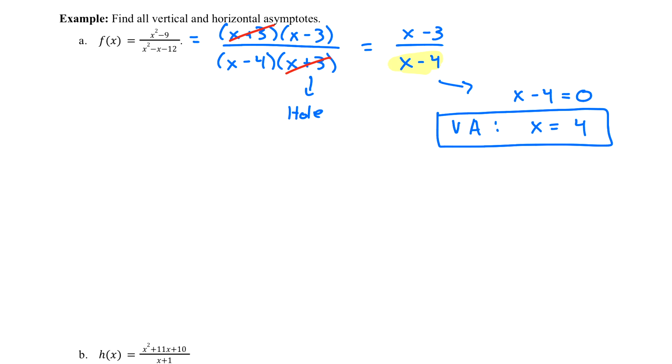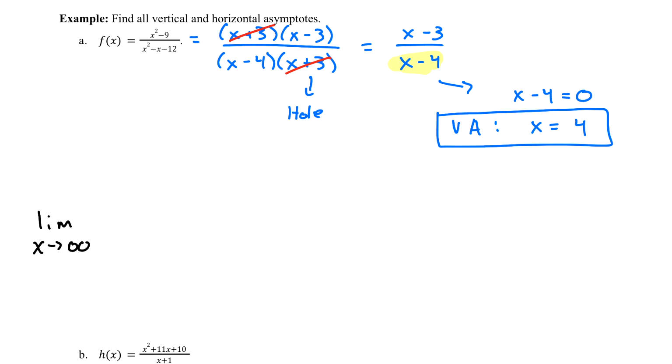For the second part of this, if I want to find the horizontal asymptotes, we said a function has a horizontal asymptote if the limit as x approaches positive or negative infinity of our function approaches a finite value.